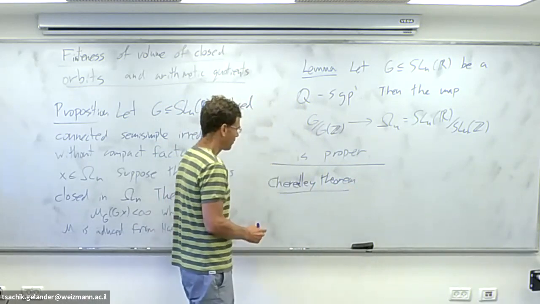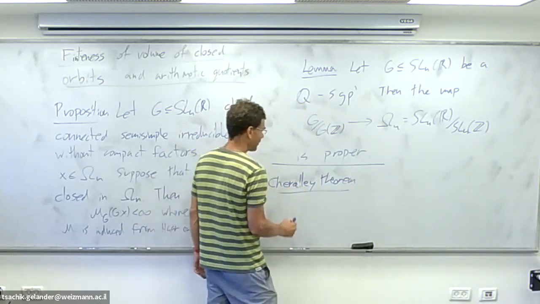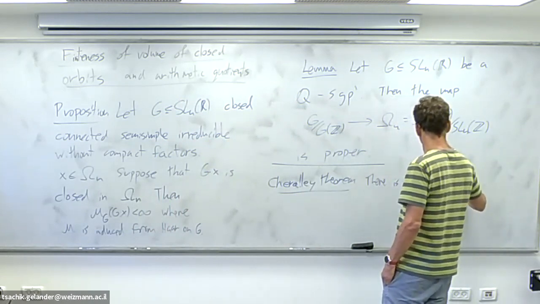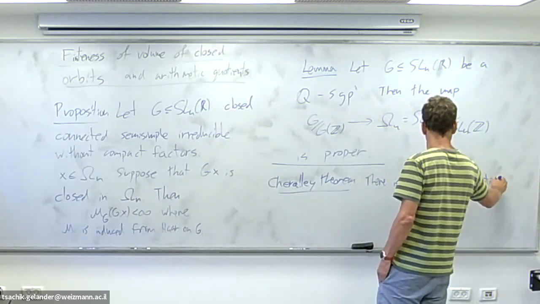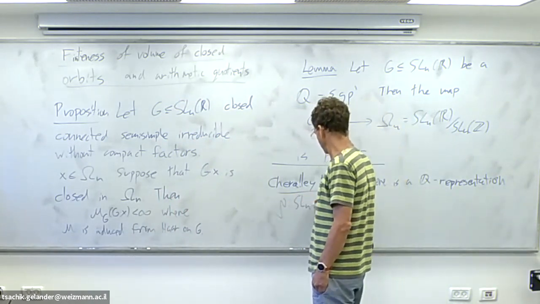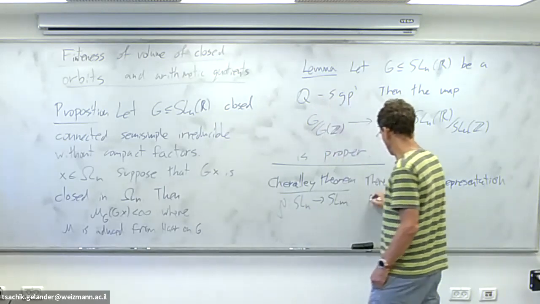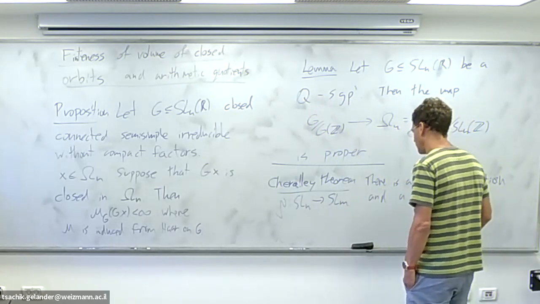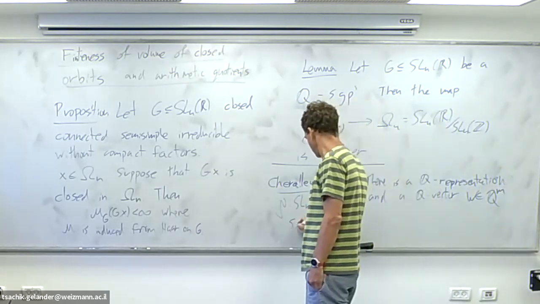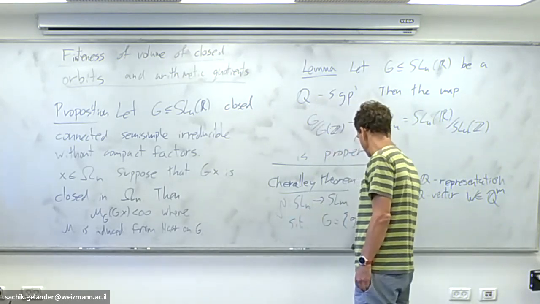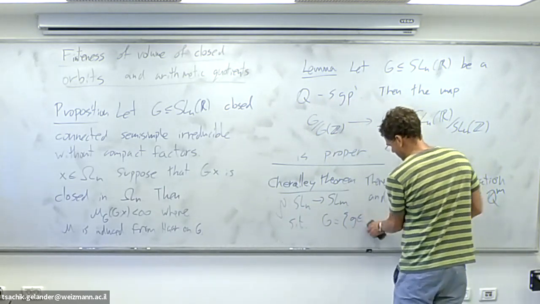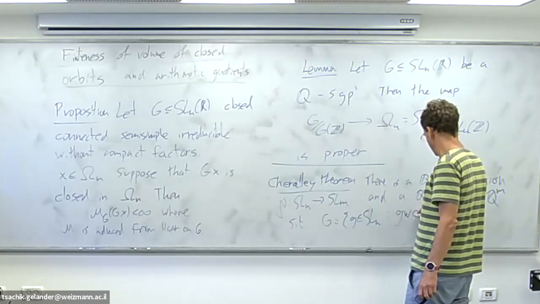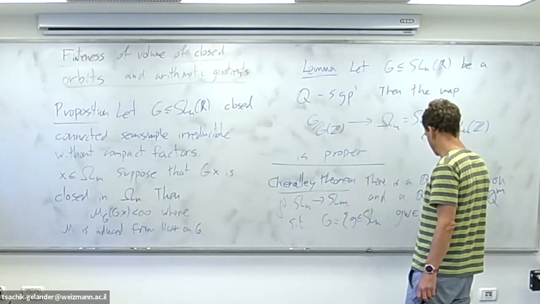The Chevalley theorem says that there is a Q representation from SL_n to, let's say, SL_m, and a Q vector w inside Q^m such that G is the set of all g in SL_n such that g w belongs to the line spanned by w.